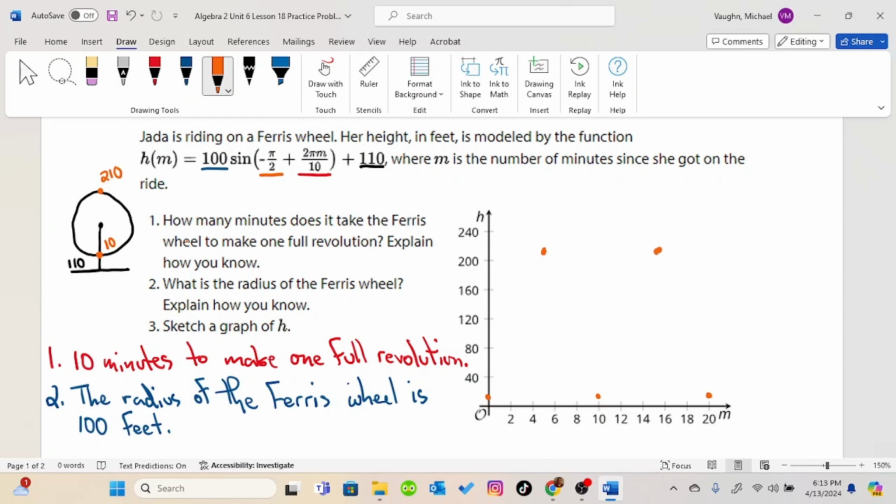So now we can draw the sine curve that starts at 10, reaches the maximum of 210 at 5 minutes, finishes the revolution back to the bottom at 10 feet at 10 minutes, goes back up again to the top at 15 minutes, and returns back to the bottom at 20 minutes.